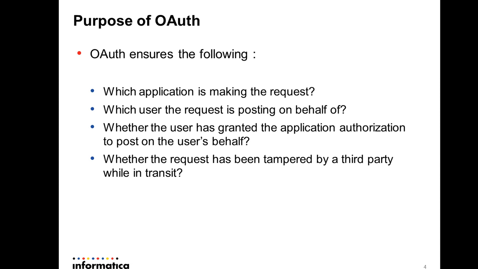These few things are additionally provided by OAuth along with the HTTP request, and they are part of the HTTP header which is sent from Informatica, or any other application which uses OAuth, to these social media websites.